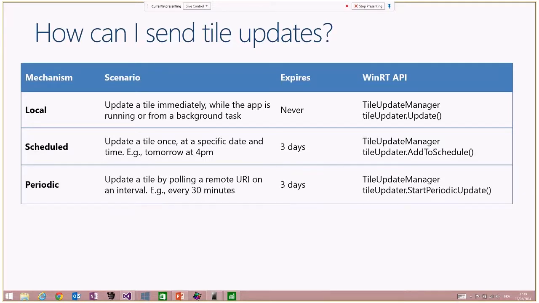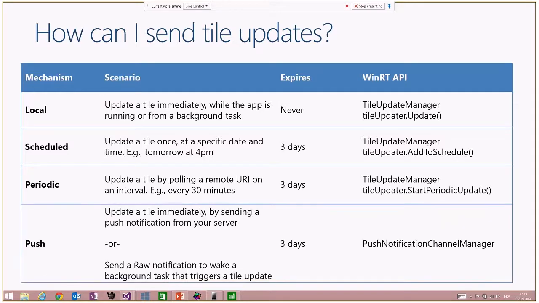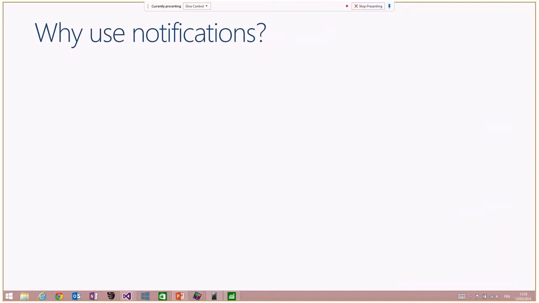You can have scheduled tiles where, for example, every day at 2 p.m. or at midday you update your tile. You can have periodic tiles, every 30 minutes you have an update. And then you can have push notifications, where tiles are pushed from the cloud using a platform notification service.